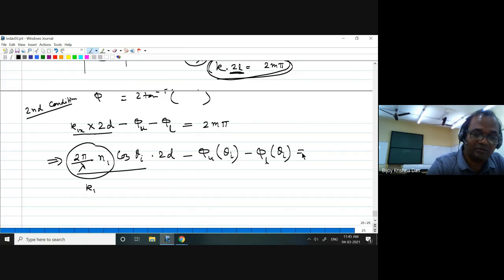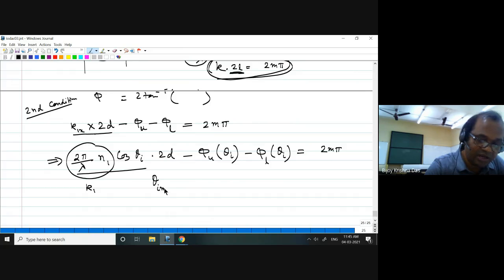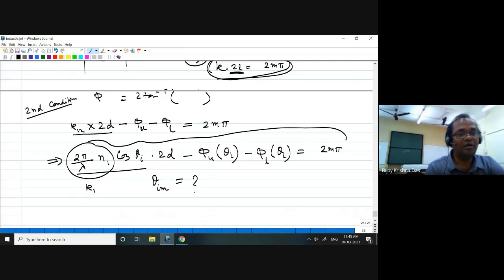If that equals 2m pi, then if you get a solution for theta I, say theta I m, that will fulfill the second condition.